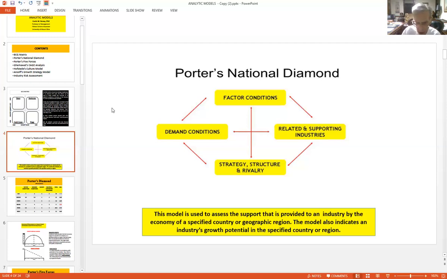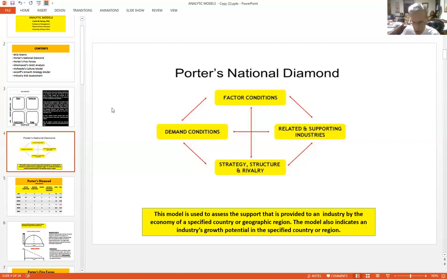The second of the forces is called demand conditions, and it pretty well expresses itself. But it's not what demand conditions mean that matters here. What matters is the understanding of this model's significance.